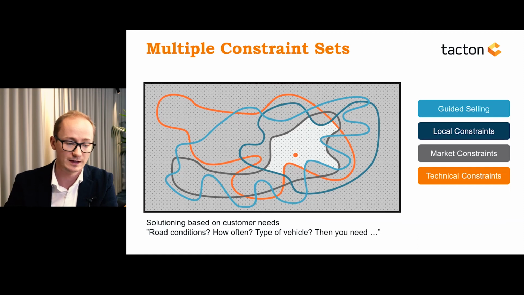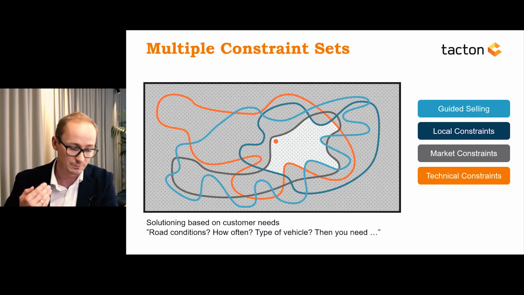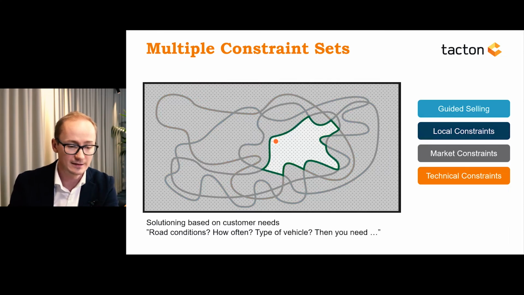And then on top, we can have things like the guided selling layer. We base it on customer needs instead. What are the road conditions? How often? What type of vehicle? And then you would need different offerings for different scenarios. And in the end, what we have here is what we call the solution space, still available.